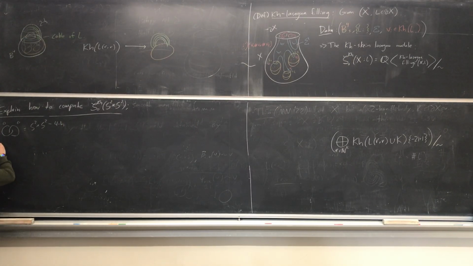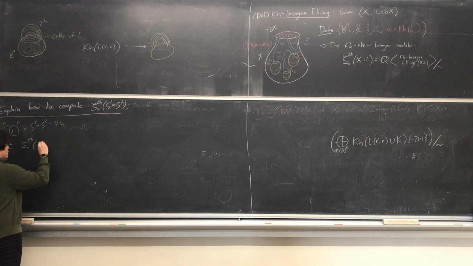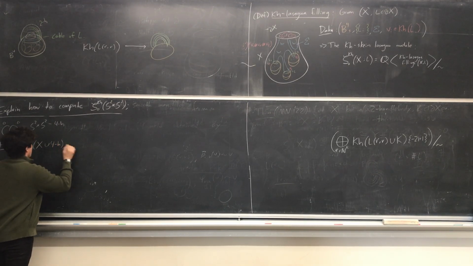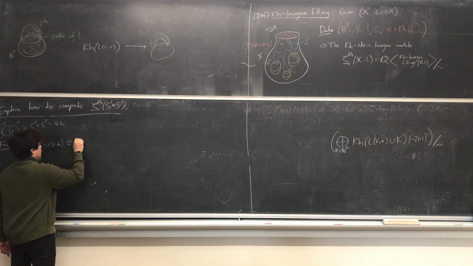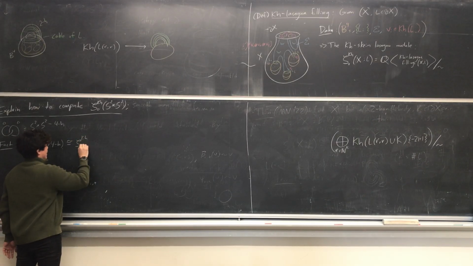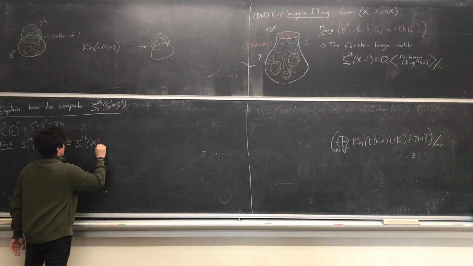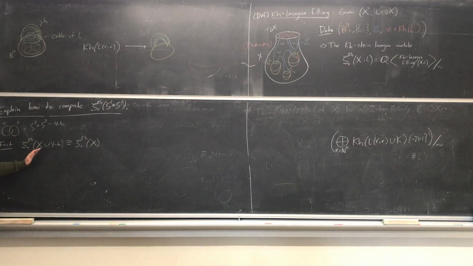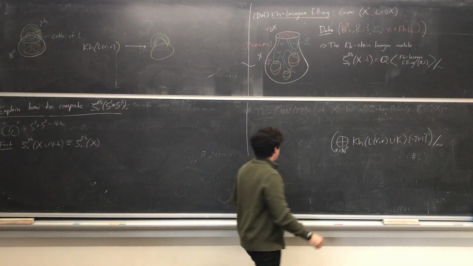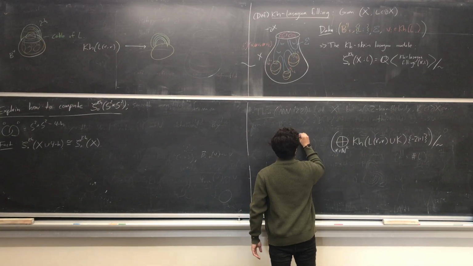I will be using just a quick fact. The Khovanov lasagna module of a 4 manifold does not see 4 handle attachments. So it's enough to use this formula.